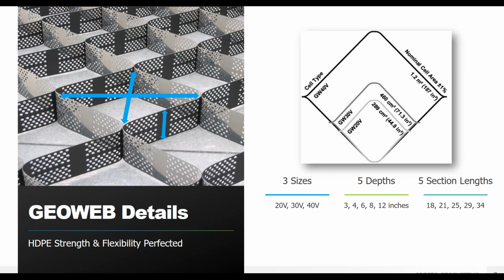The cells come in three diameters: small, medium, and large, and then heights of 3, 4, 6, 8, and 12 inches. So 5 options for depth. So the cell aperture, the opening, and the height are going to be selected following an evaluation of project-specific needs and site conditions. So there's no one right solution that we can apply to everybody. It is going to be dependent on what your needs are and what your conditions are.